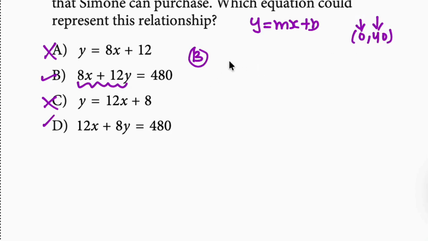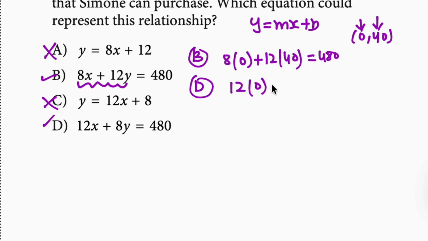Let's take the left hand side of it. 8 times 0 plus 12 times 40, yes, it comes out to be 480, which is the right hand side. That means B is the right option. Let's check for D. 12 times 0 plus 8 times 40, that is equal to 320 and not 480. So D is not the right option. That means B is the right option.